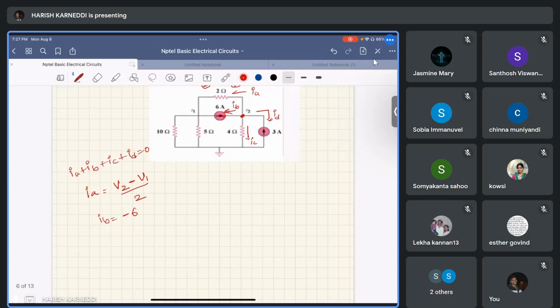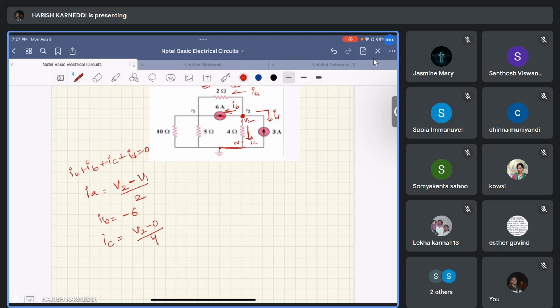So coming to IC, IC equal to the current flowing through the 4 ohm resistor. That 4 ohm resistor is connected between this node 2 and the reference node. This is the reference node, right? Like this it is connected. So the voltage at this point is V2 and the reference node voltage is 0 volts. IC equal to (V2 minus 0) by that resistance, 4 ohm.